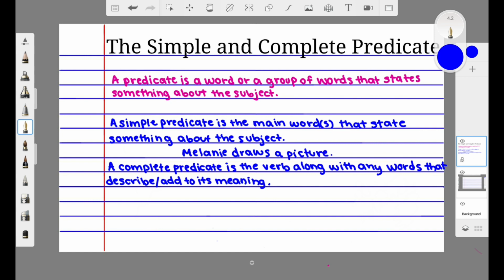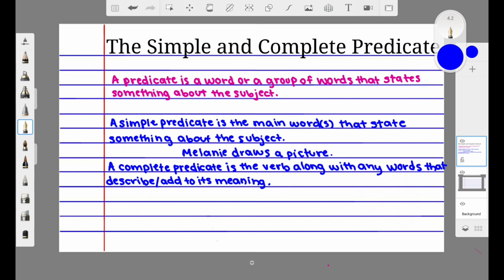So let's identify the simple predicate. Like I've stated before, the simple predicate is usually just the verb, or in some cases, a verb phrase. And if you don't remember what a verb phrase is, go rewatch our video on verbs. But just to give a general refresher, a verb phrase is a verb along with its helping verb.